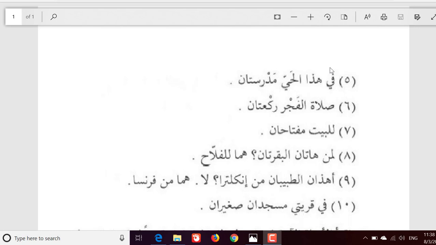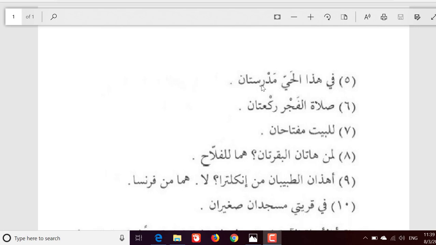Okay? So let's look at the examples that we have here in the book, because those will be easier for us to use. So it says, fi hadha al-hayy. Okay, now hay would have a kesra on it because it's a bedel for hadha. Fi hadha al-hayy, in this district or in this area, madrasatani.